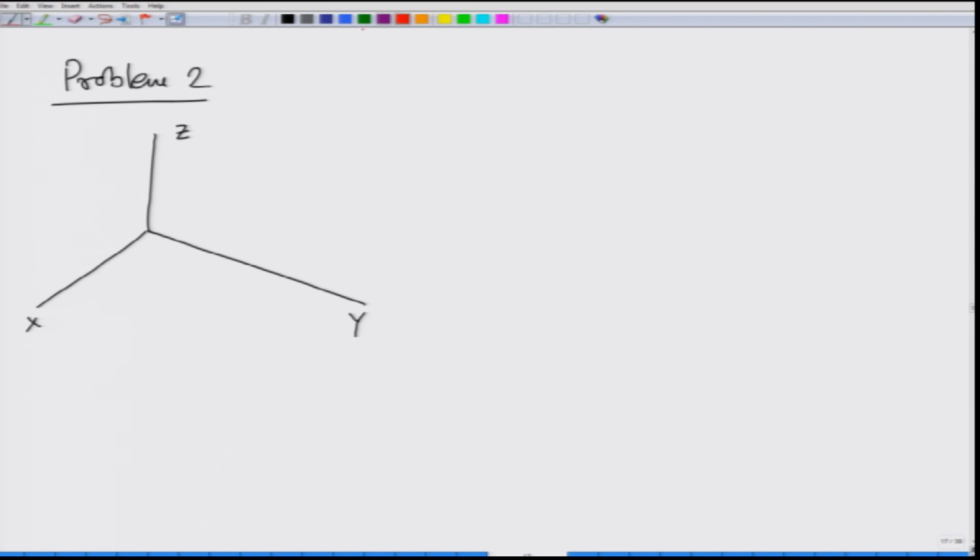So, here is a vector OA, and its projection on the z axis is OC and projection in the xy plane is OB. You can see immediately that OA is nothing but OB plus OC, because if this vector is transported parallel to itself, this is also OC.